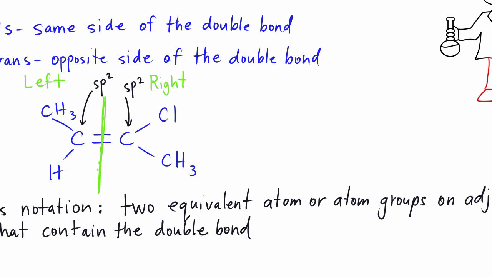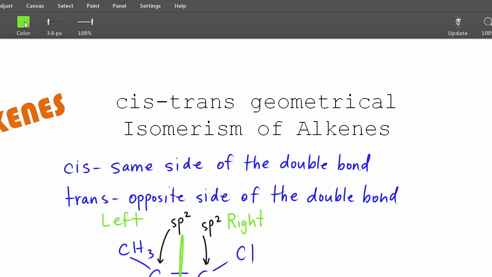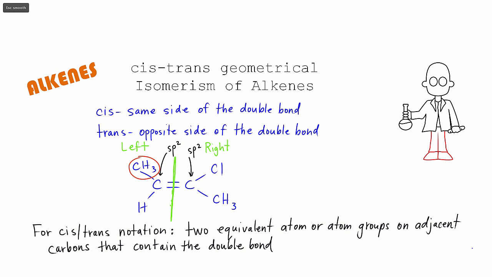Now I need to make sure that I have an equivalent atom or atom group that's on the left carbon that's also on the right carbon. Well, let's look and see what we have. I have the CH3 group that's on the left carbon, and I have a CH3 group that's on the right carbon.